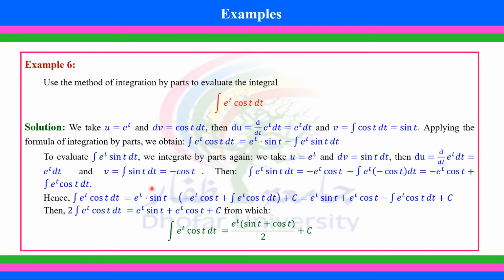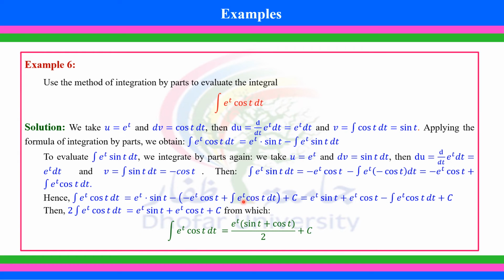Let us now take this value and substitute it instead of the integral of exponential t sine t dt here. So what we obtain is that the integral of exponential t cosine t dt is, now we write this part here as is, but instead of this part here, we write this formula which we obtain.